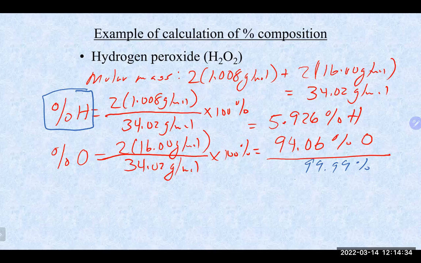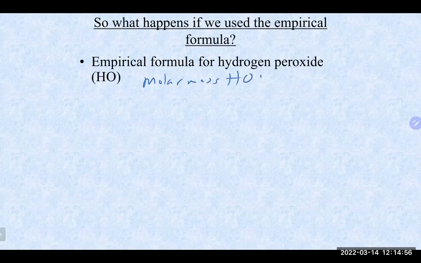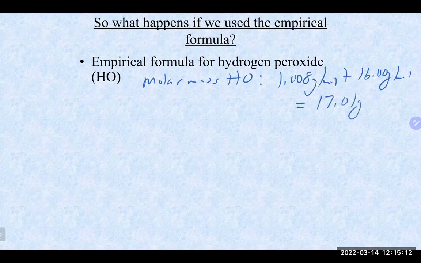Now the question is, would it come out any different if we actually use the empirical formula versus the molecular formula for hydrogen peroxide? So if we look at the empirical formula for hydrogen peroxide, which is HO, we could do a similar calculation and we would get the molar mass of HO, which would be 1.008 plus 16, gives us 17.01 grams per mole.